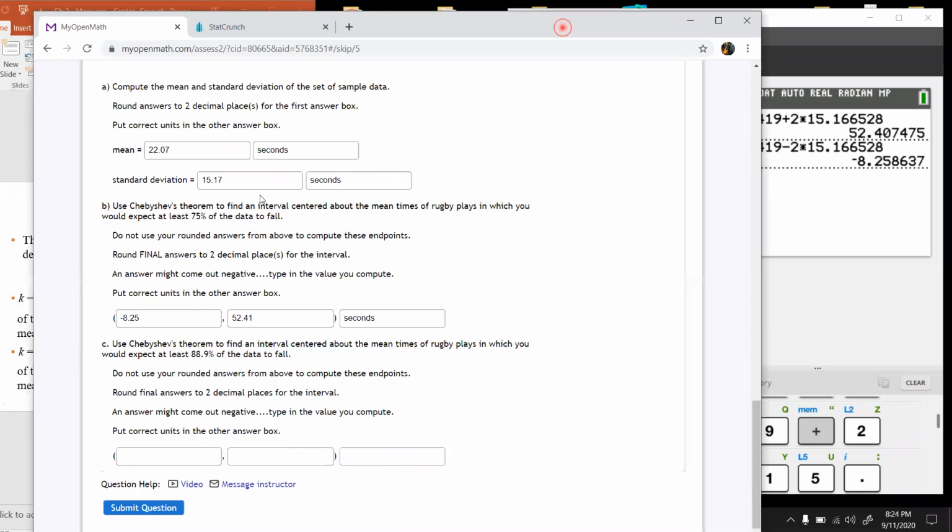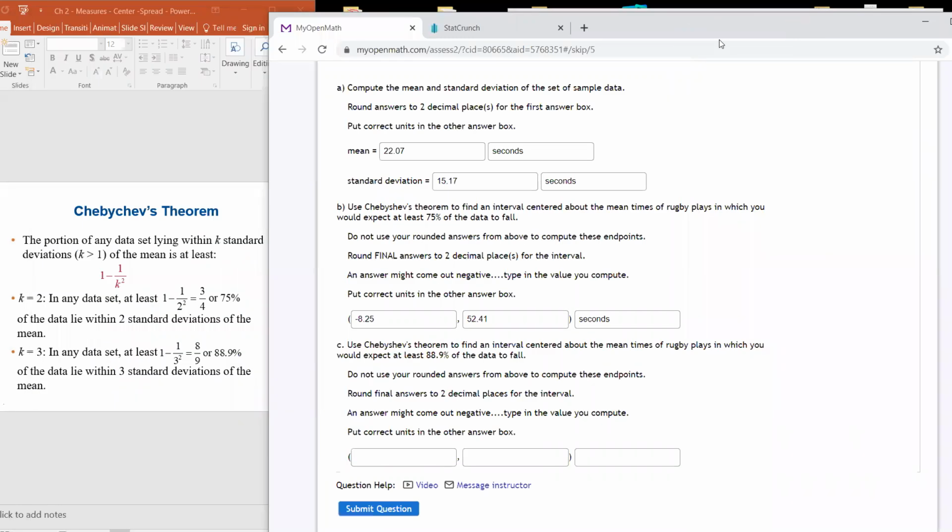And if you look at Chebyshev's theorem, here it is, 88.9% of the data will be the percentage that is associated with k equals 3. And k equals 3 means 3 standard deviations of the mean.